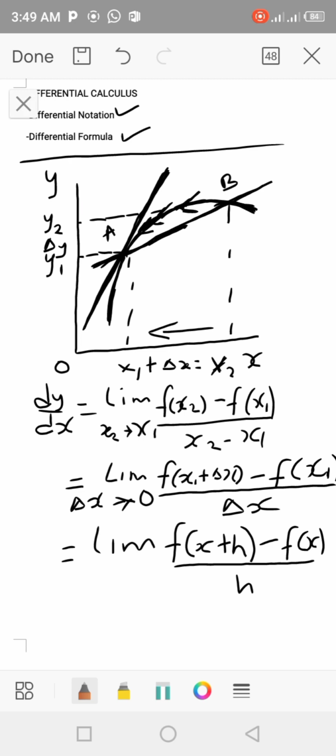Now instead of change in x, we have h tends to 0. So that is our dy dx.